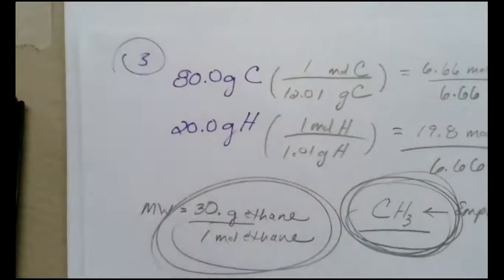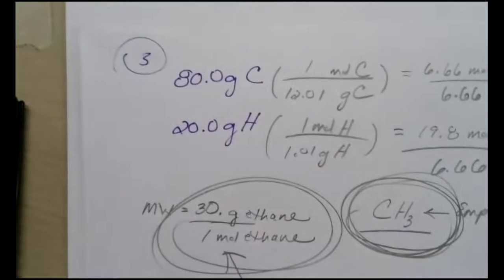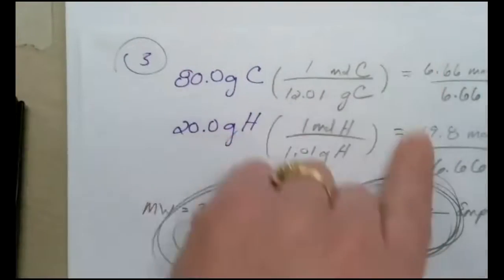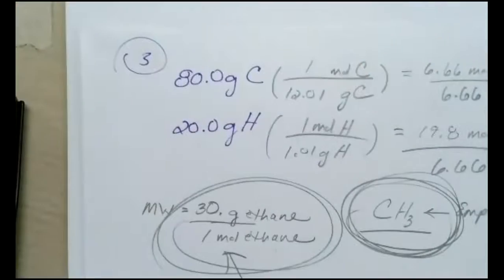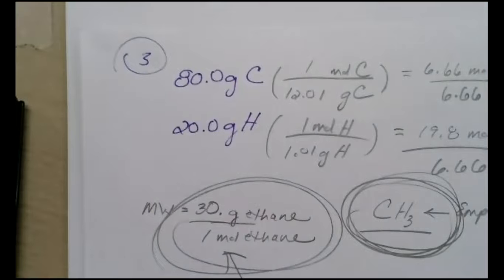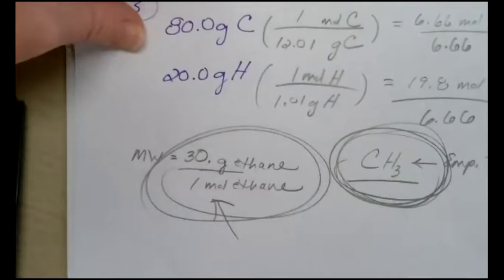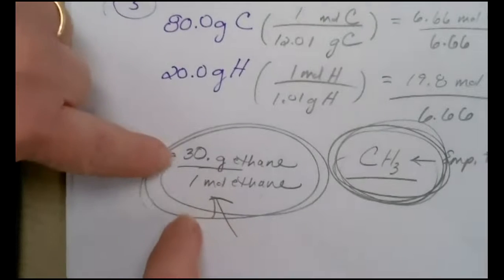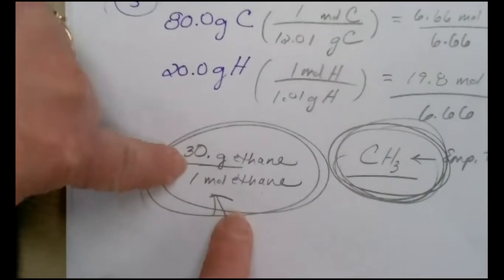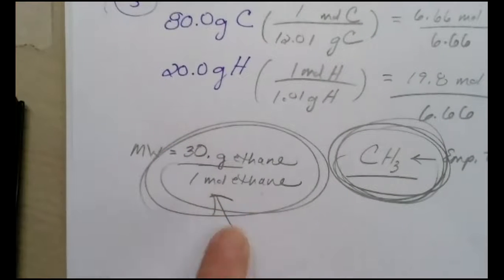If we would do it by this, it'll give us different numbers, but we'll end up getting the same simplest ratio. We are after the multiple. What can we use this for? That's the mass of the multiple when I have 1 mole of it.